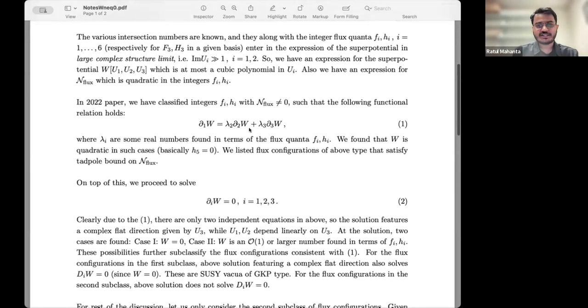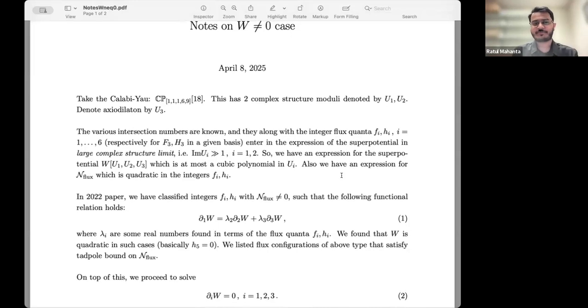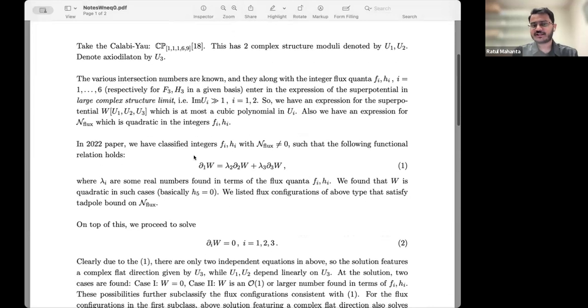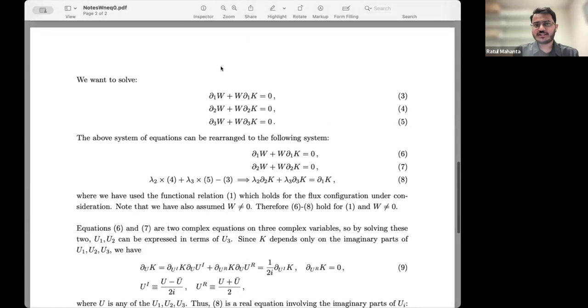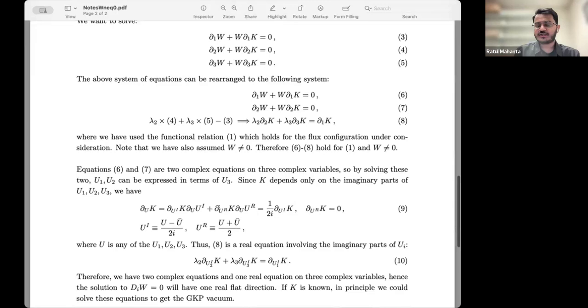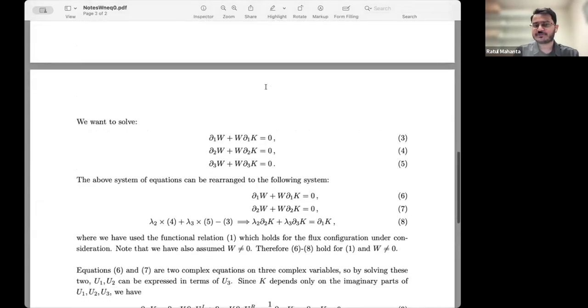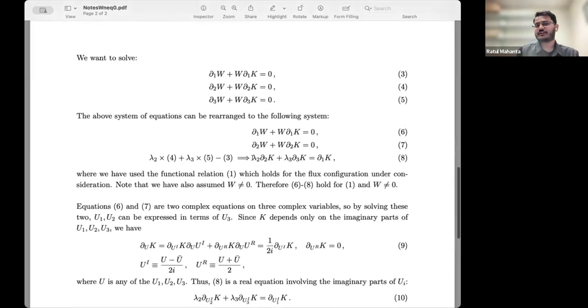So for example, in an old paper, where we discussed at the level of the superpotential, if there are some relations among the derivatives of the superpotential, it is possible from counting that if we want to solve the F-flatness conditions, and the fluxes are related by this, there is a real flat direction from the complex structure sector.